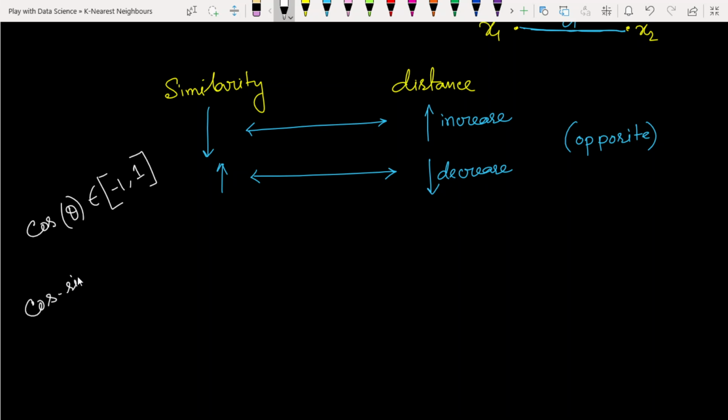So the same thing is applicable here, the cosine similarity between x1 and x2. If the cosine similarity value between x1 and x2 equals 1, the maximum value, then we can conclude that x1 and x2 are perfectly similar.